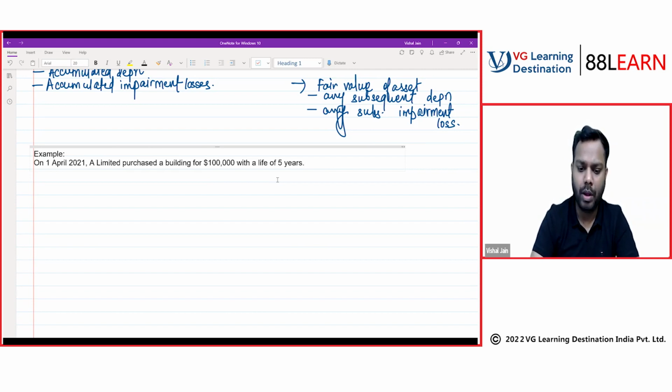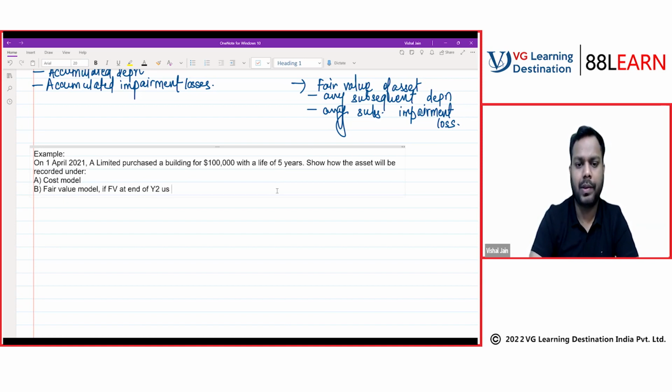So how will the asset be recorded under A, cost model, and B, fair value model, if the fair value at the end of year 2 is 75,000 and at the end of year 4 is 35,000?